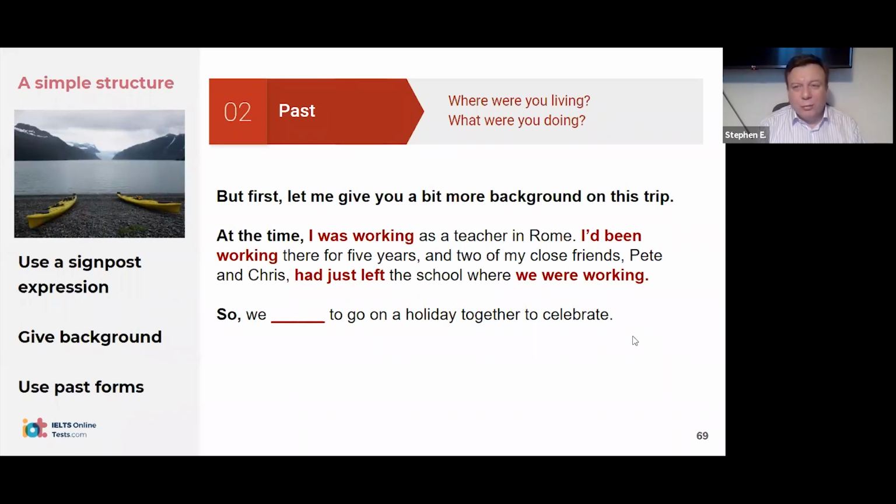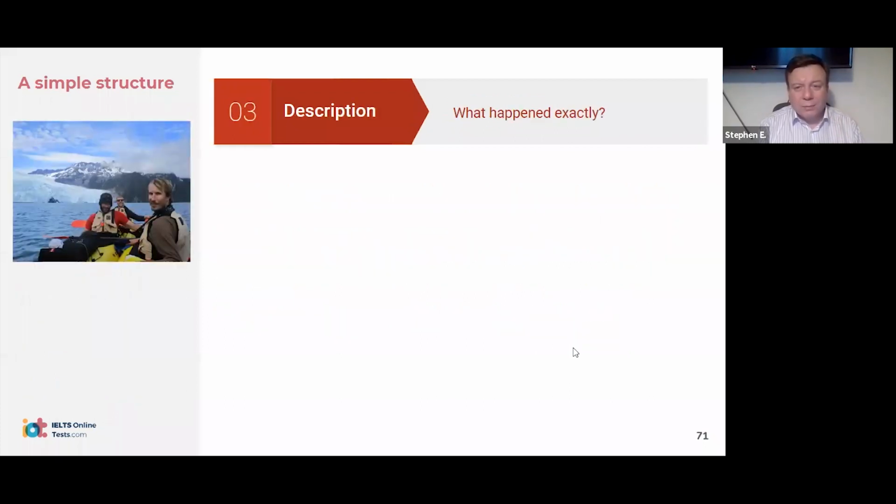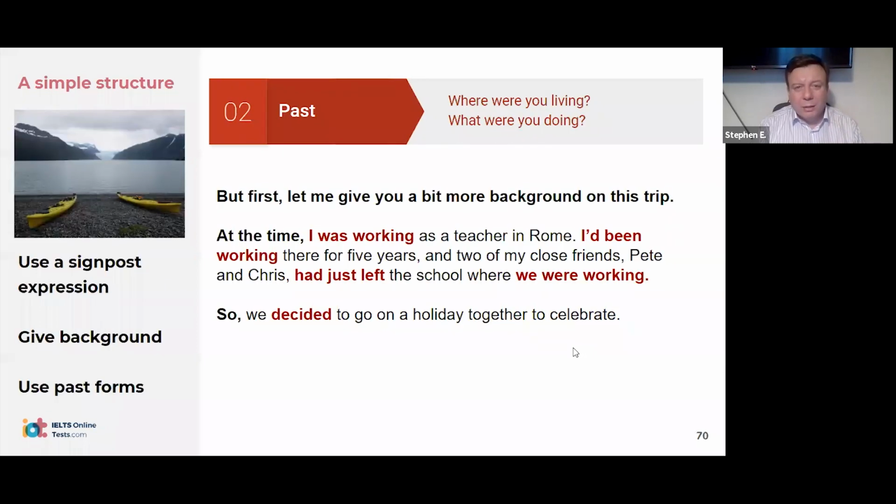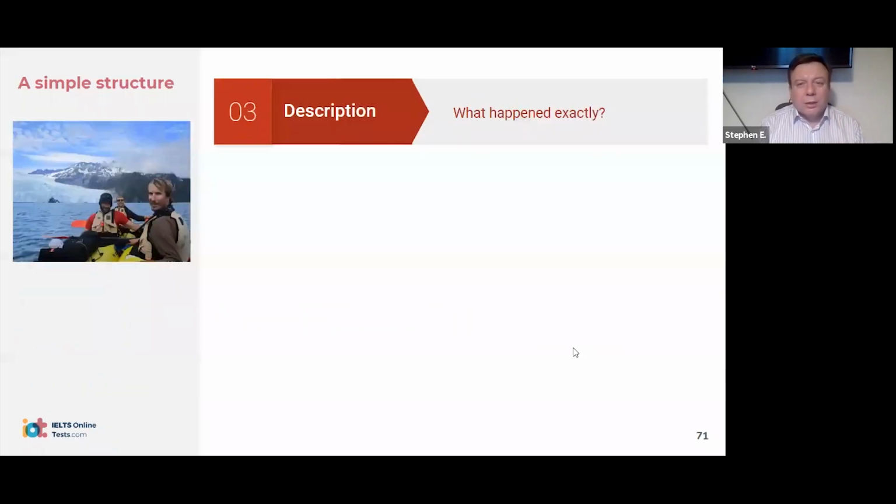What if you make a decision? What do you do? Beginning with D. Yeah, good. Decided. So, to celebrate. Okay, so we'll go on. So what happened? Again, we can use a signpost phrase.